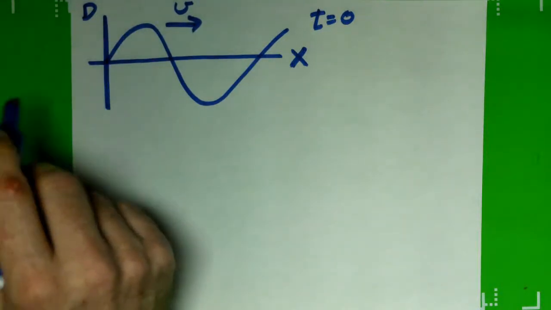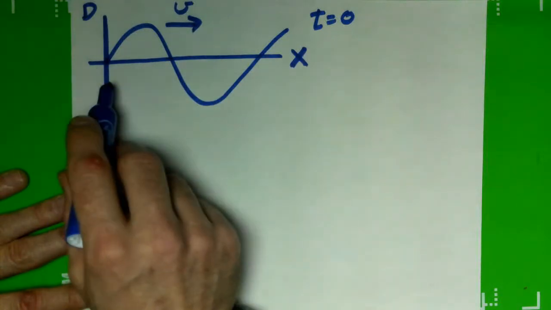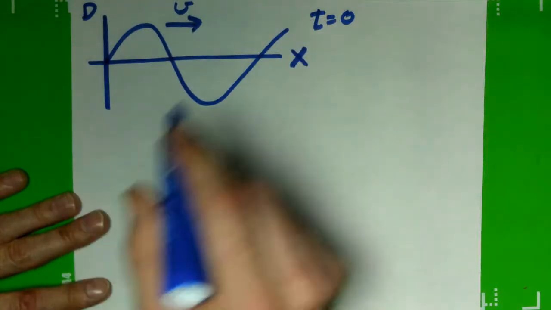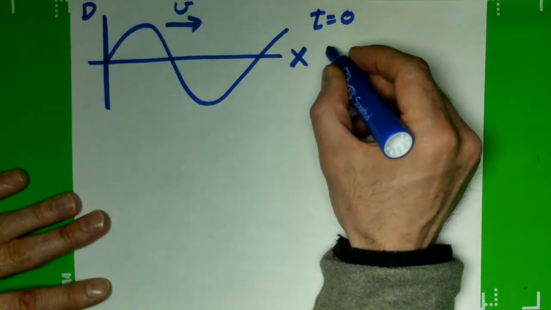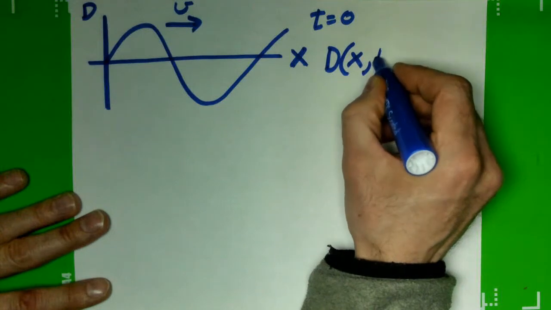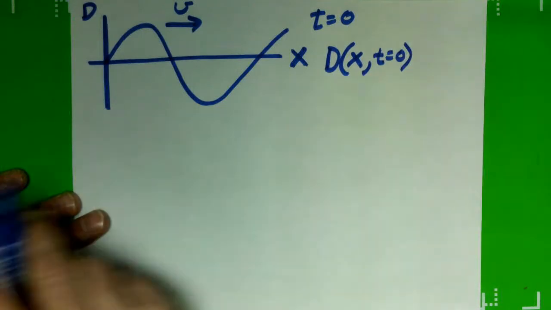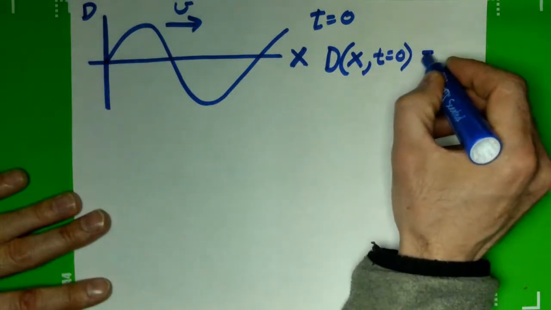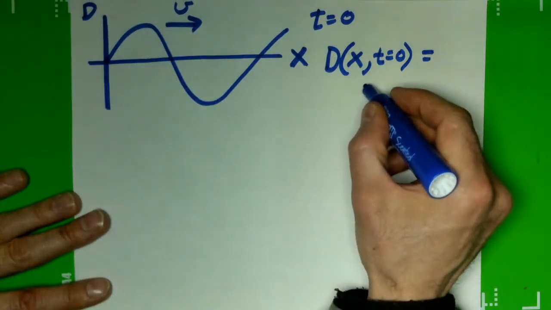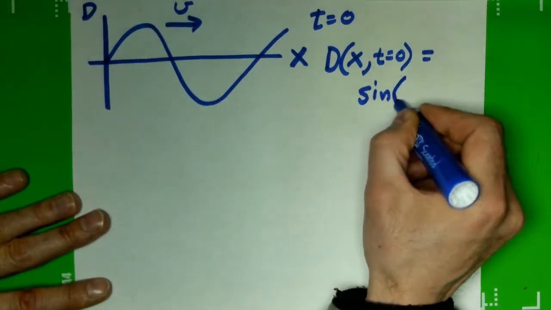Okay, so it is a function of position, and though the wave is also a function of time, here I'm showing just one time, t equals 0. So I can write that d, which is a function of all positions but one time, t equals 0, is equal to, and I've got to figure this out, it's definitely a sine curve, so it's going to be a sine of something.